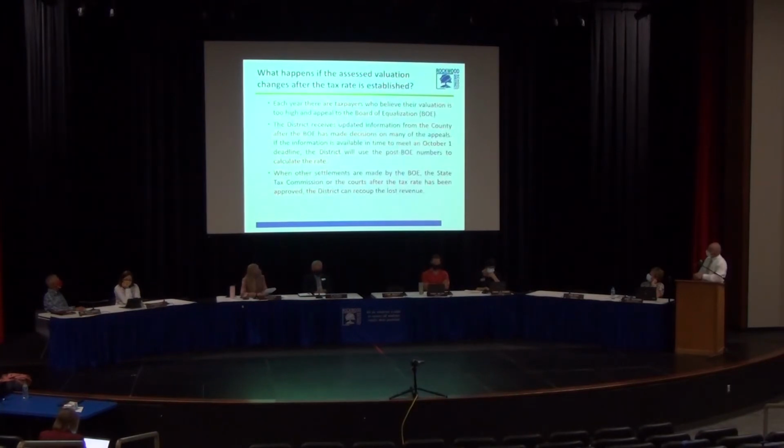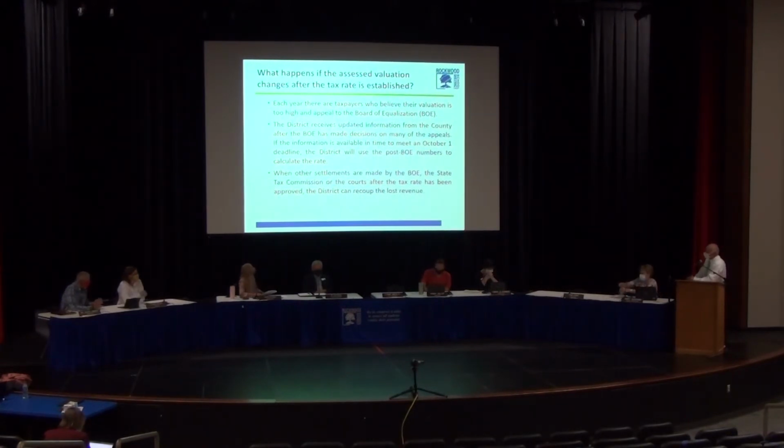The other part of setting the tax rate is a process called recoupment. Basically, each year we set our tax rate based on numbers provided by the county assessor. Oftentimes there are some entities, typically commercial entities, that may protest their valuation, and that process may go either at the local level or up to the State Tax Commission. That process takes time to get flushed out.